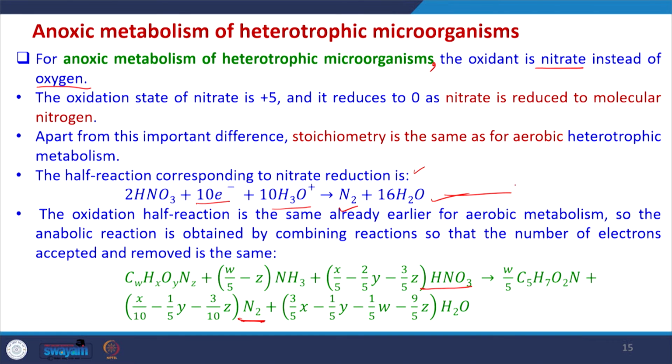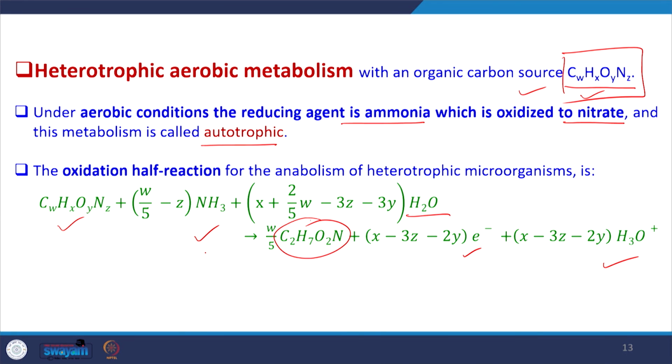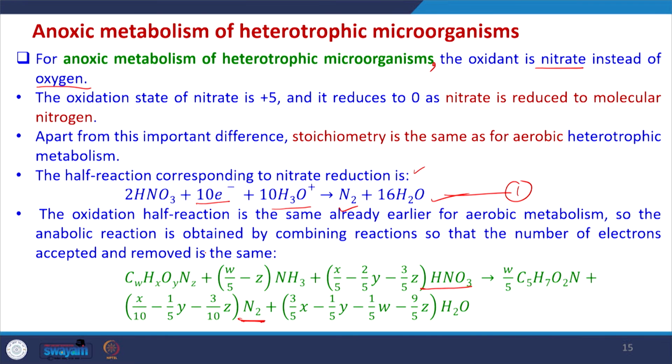Now, HNO3 combines together with electrons and H3O plus to form nitrogen via this particular reaction. This reaction plus the oxidation reaction which was given earlier are combined together to form this particular reaction which is given here, and we can see here the oxidation half reaction is the same as earlier for aerobic metabolism.